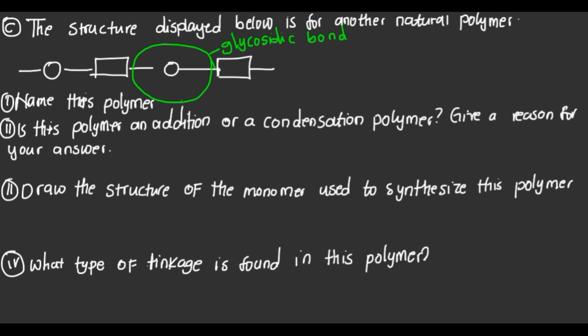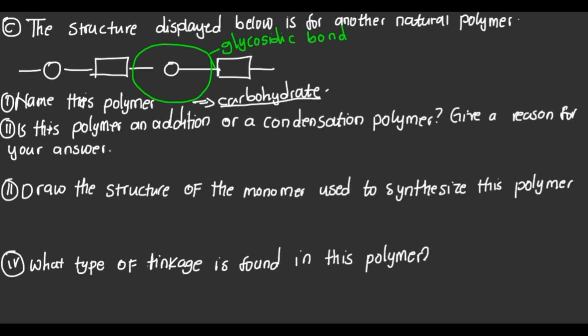The polymer with this linkage is carbohydrate. So this is our answer. Whenever you see this glycosidic bond in a structure, just know that you're dealing with a carbohydrate.